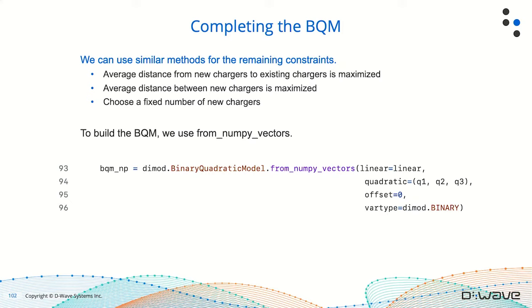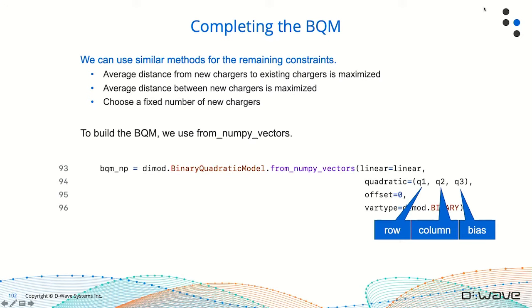You can also set an offset and do different types of things that you're familiar with in binary quadratic models. I'm not going to use that here, so I just have offset equals 0. And again, this is just the row, column, bias. Takes a little to get used to, but it's much more space efficient than storing the entire matrix.